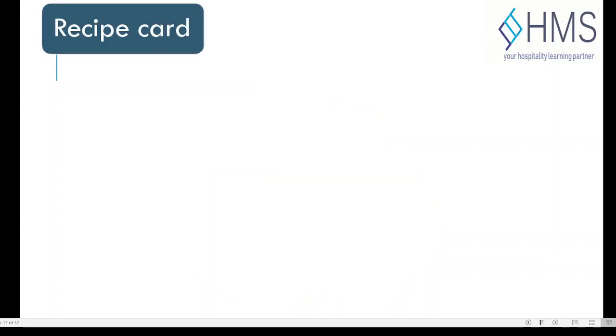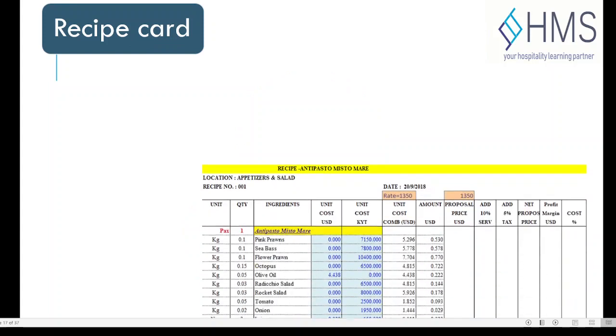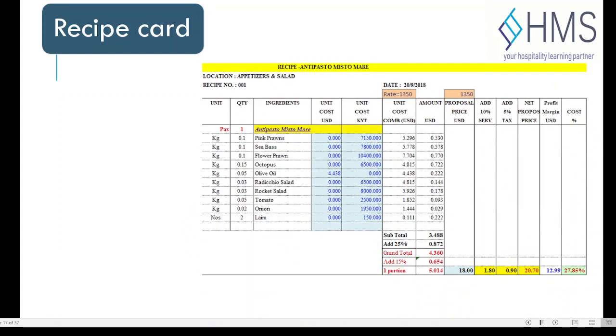That's the important thing. So the first thing is the recipe card, where you will get both the portion and also the recipe. So this is a sample of a recipe card, which you can see. Recipe number one for antipasto mistromere, right? How is it made? So basically, you have a portion.